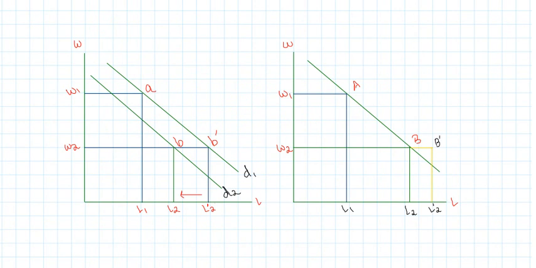It would have started from A and we would have drawn it till B dash rather than current B, and that is why this would be misleading. In reality, the price of the commodity would be reduced, and that's why the market demand for labor will not be L2 dash, it would be L2.